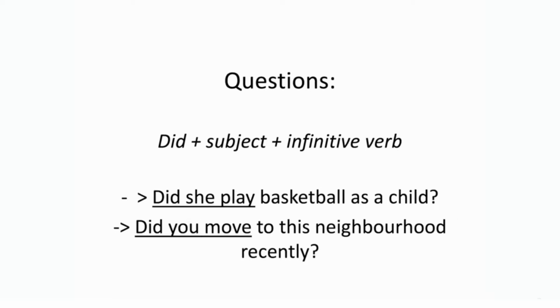To form questions in the past simple, we use the auxiliary verb did plus the subject plus an infinitive verb. For example, did she play basketball as a child? Did you move to this neighborhood recently?